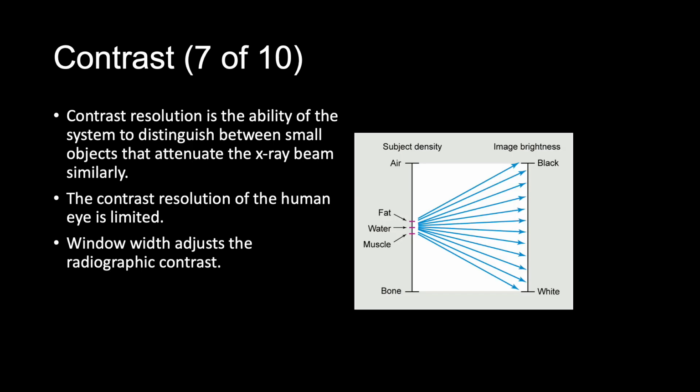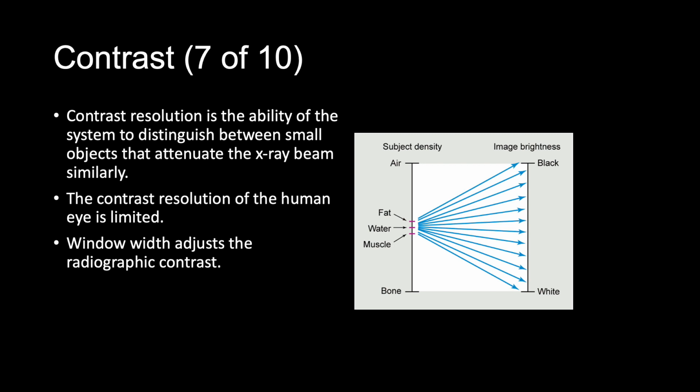In digital imaging, the number of different shades of gray that can be stored and displayed by a computer system is termed the grayscale. The contrast resolution of the imaging system determines the level of visibility of small objects having similar densities or similar shades of gray.